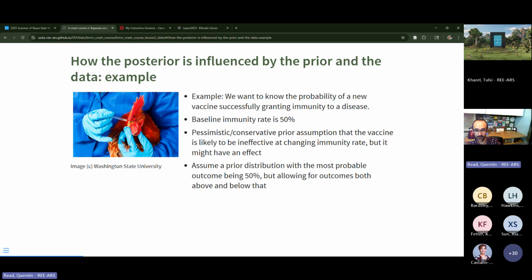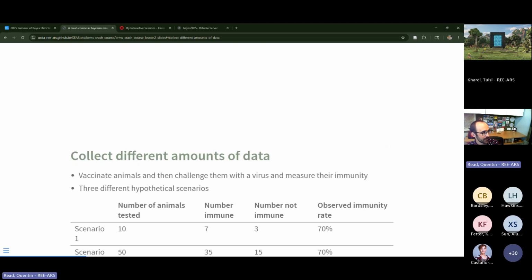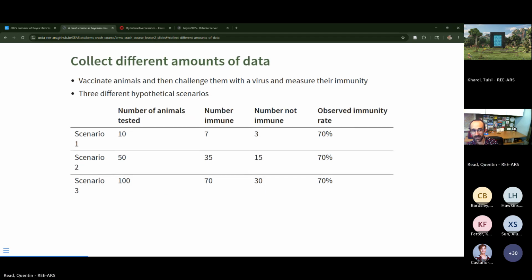In fact, it might even decrease it. And so we're going to make our prior centered around this 50% baseline. But obviously, it's a distribution that goes above and below that. That's a very conservative prior. Okay, that's our prior. Let's get some data.